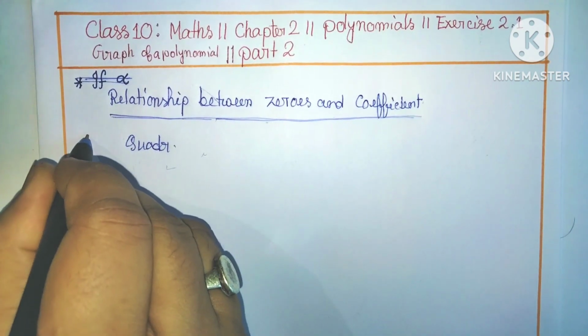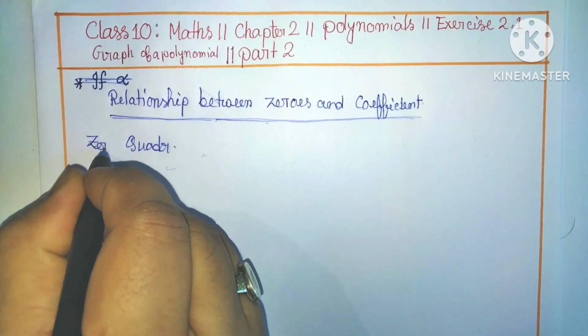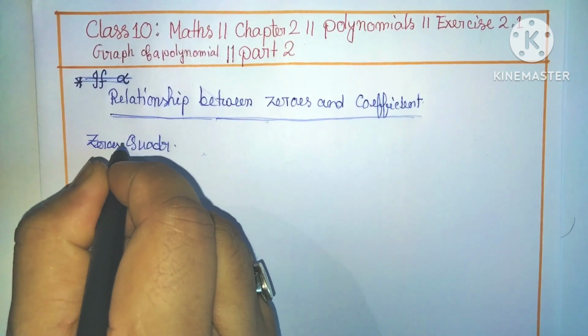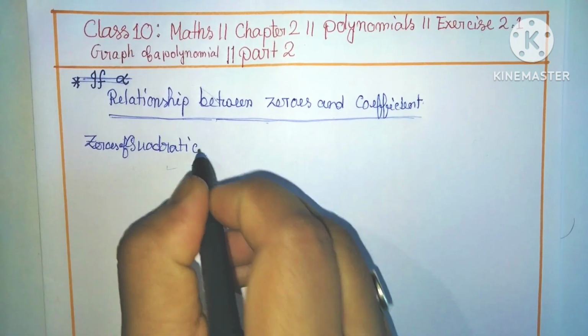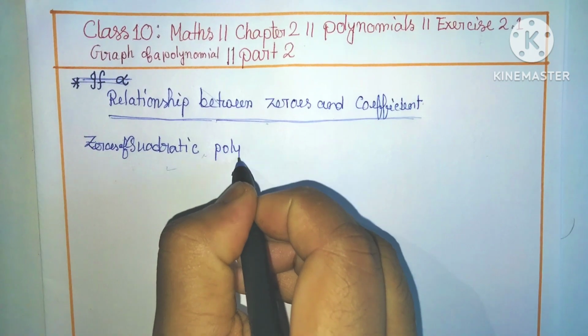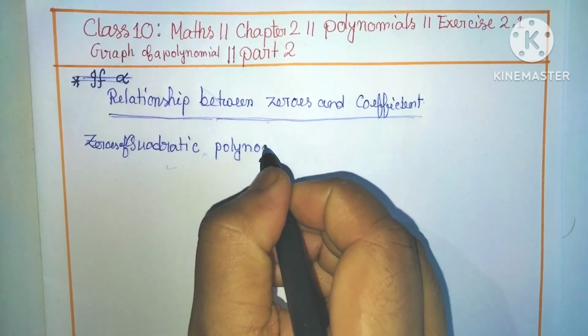So first, zeros of a quadratic polynomial.